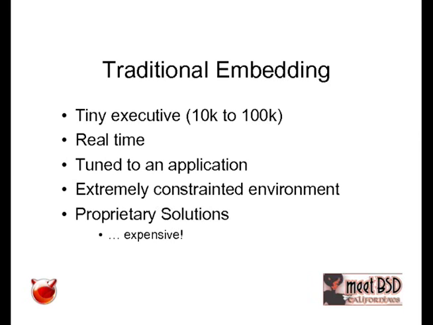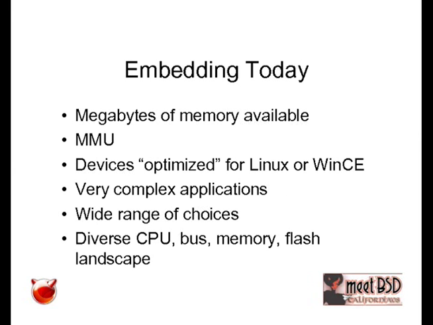So, in the less traditional, more modern embedding, a number of things have changed. In the early systems, you had kilobytes to worry about. Now you have megabytes, multiple megabytes to worry about or to play with. This fits FreeBSD's memory footprint better. Most of the systems that you would embed into have an MMU, which is important for running most Unixes, Linux, BSD, even Windows can take advantage of an MMU when it's there.